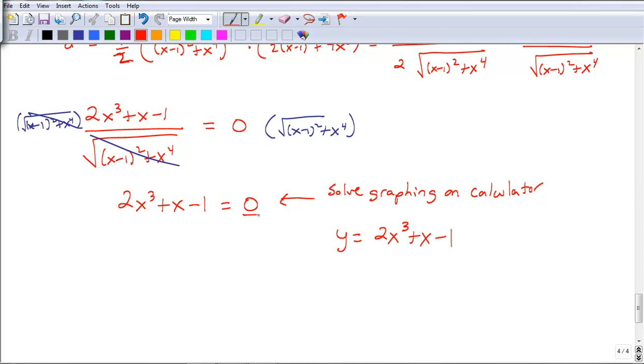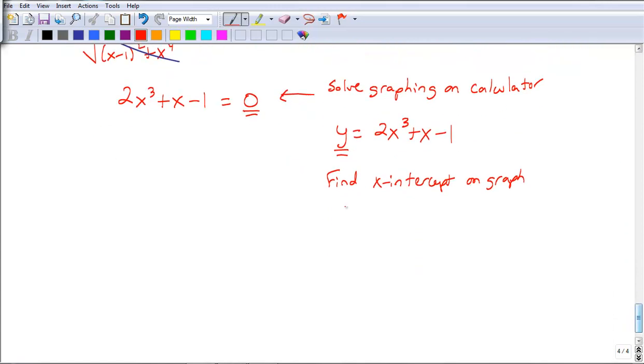And notice this 0 is where you put your y. So where y equals 0 are the x-intercepts. So you can find the x-intercept of this function on a graph. You can do it by tracing, or by locating the 0.